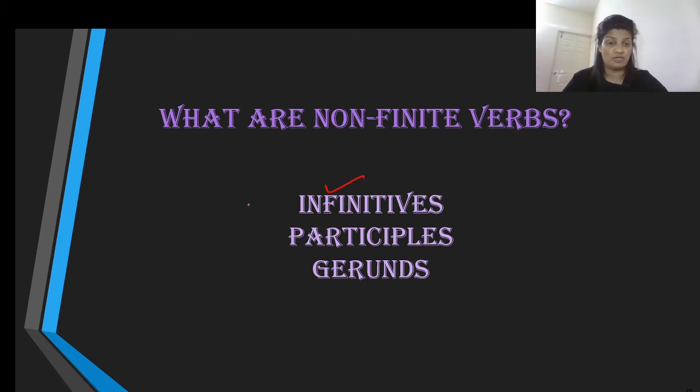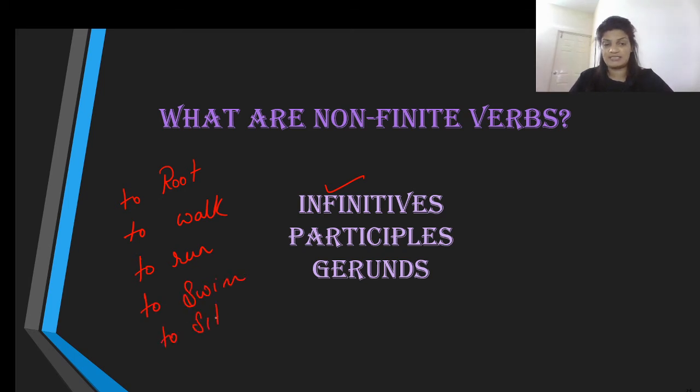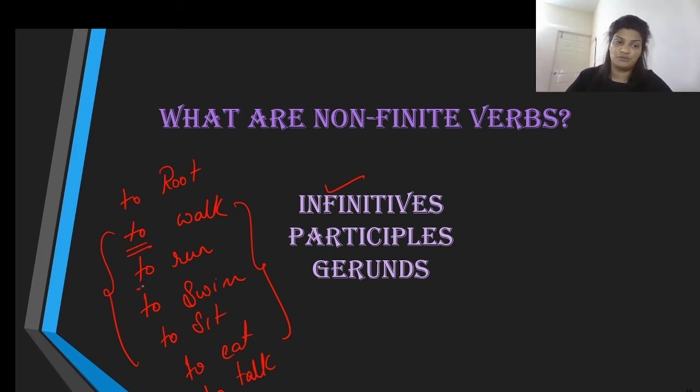Infinitives are root verbs along with the preposition to, like to walk, to run, to swim, to sit, to eat, to talk, etc. I definitely cannot make a list of all the root verbs. All the verbs along with the preposition to are called infinitives.